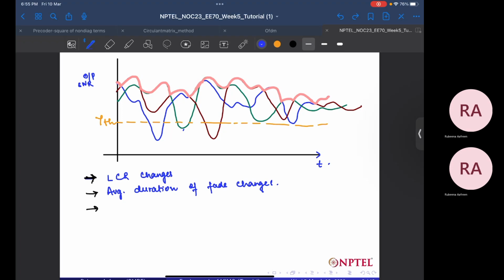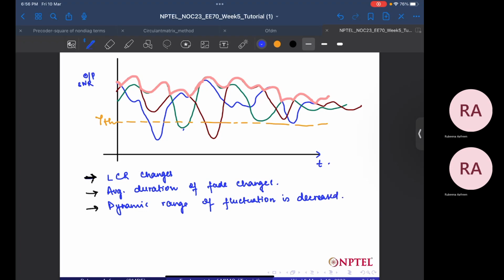So the dynamic range of fluctuation is decreased. Dynamic range is the maximum to minimum range.